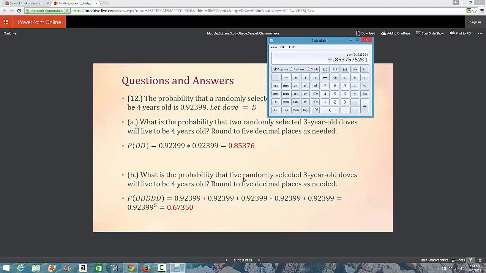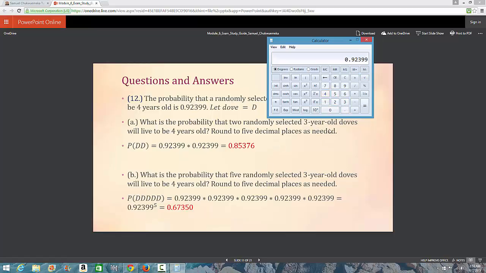B, what is the probability that 5 randomly selected 3-year-old doves will live to be 4 years old? So 0.92399. Some people will come and do times 0.92399 times 0.92399. Come on now.